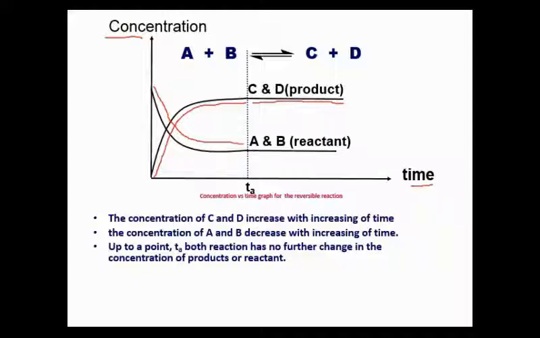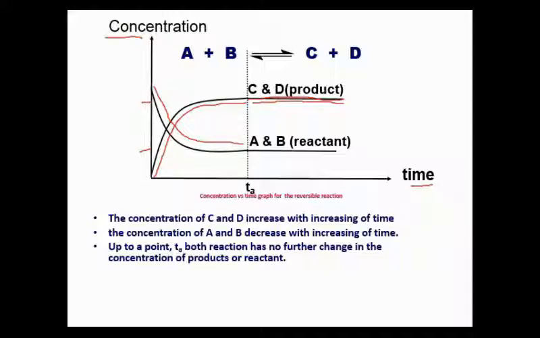Up to a point tA, the time when equilibrium is achieved, both reactions have no further change in concentration. We look at the concentration here, it's constant. It will give one value here, and the same for the reactants, the concentration will give one value here.